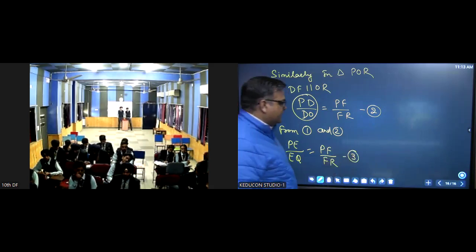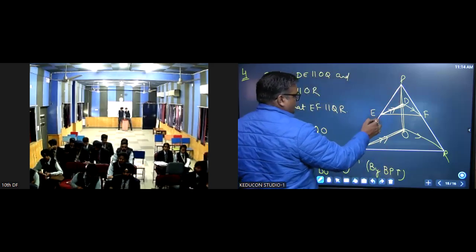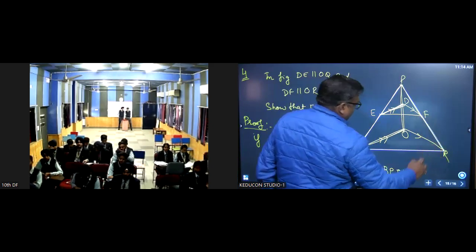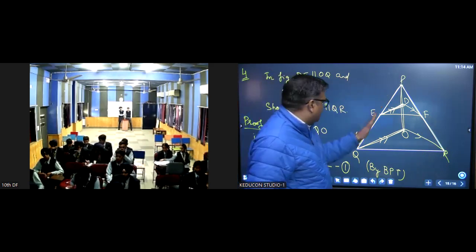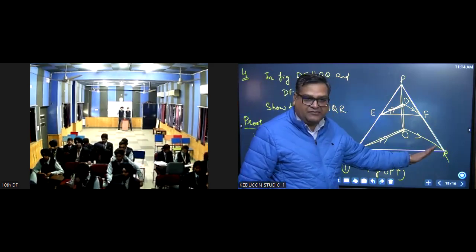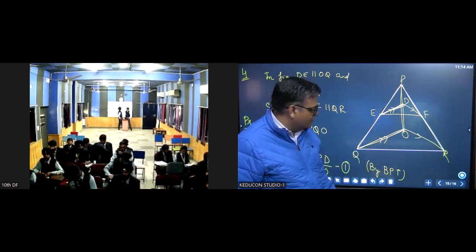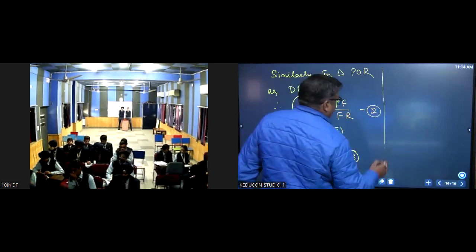अब इसको ऑब्जर्व कीजिए ध्यान से जरा. If PE upon EQ is equal to PF upon FR. So now what we can apply here? What we can apply here? Converse of BPT beta. PE upon EQ equal to PF upon FR. Therefore, EF will be parallel to QR. यहाँ पे क्या लिखेंगे बच्चों?